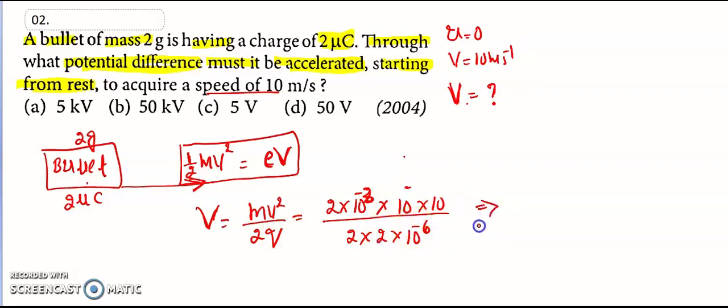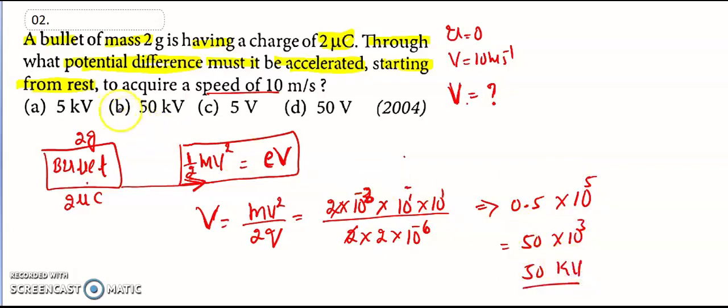The 2 gets cancelled, so it is 0.5 into 10 to the power of 5, which is 50 into 10 to the power of 3, that is 50 kilovolt. So option B is the right answer for the second question.